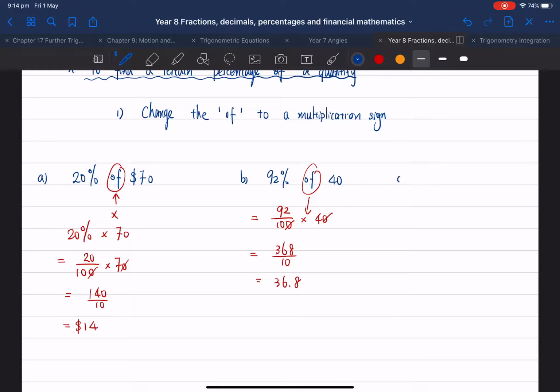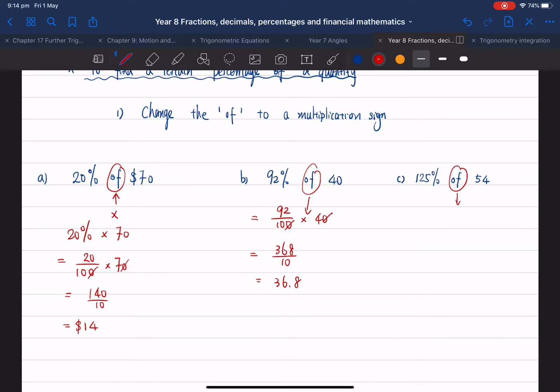Now, the next example will show you how to deal with a question when the percentage is greater than 100%. Say, for example, 125% of 54. How do we calculate what's 125% of 54? Well, I guess that's the same thing. There's no difference if the percentage is greater than 100% or less than 100%.